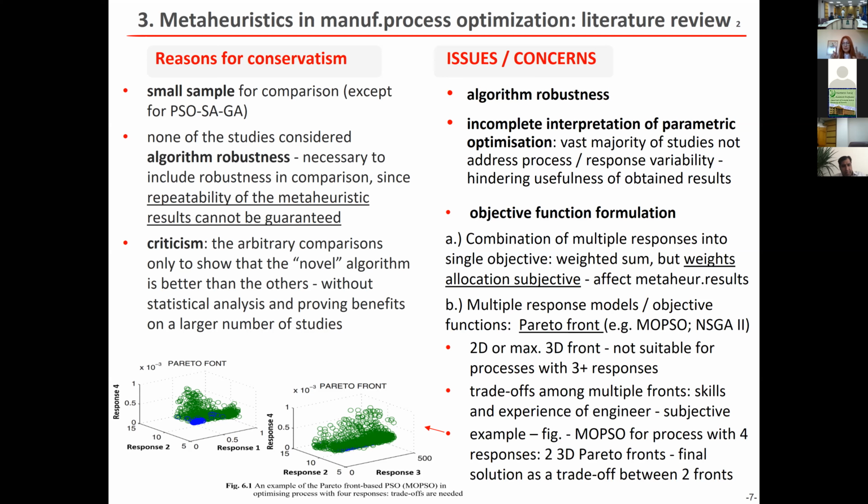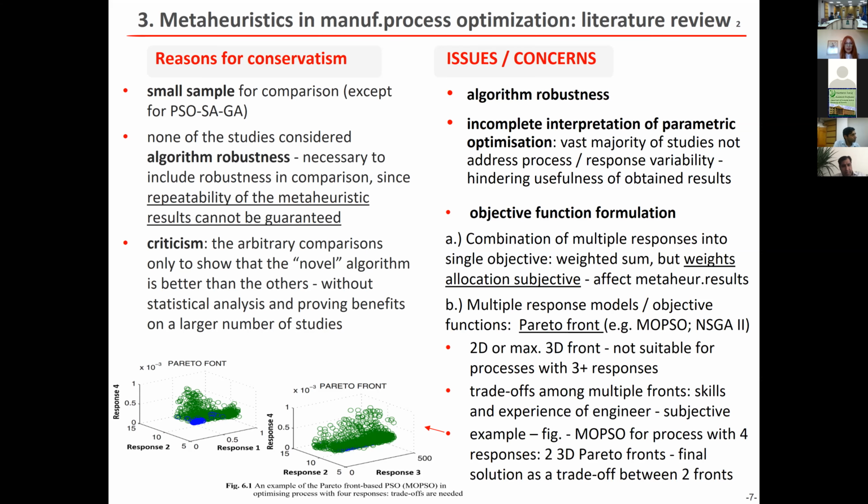Then you are basically doing a trade-off between 2 or 3 or even more Pareto fronts, and those trade-offs are again resolved based on subjective consideration. So these are two very important issues, because if the objective function is not formed in a totally objective manner, then the results of your algorithm won't be good.